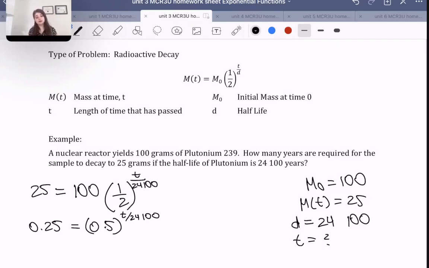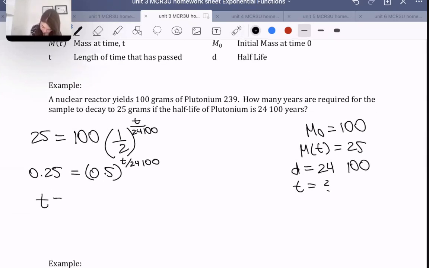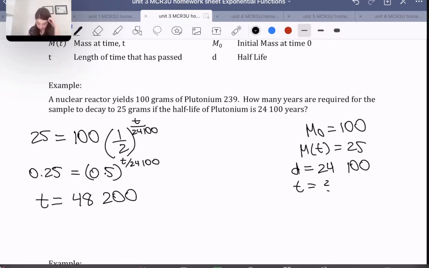We could use logarithms for this, or we could just say, well, I know that 0.5 to the power of 2 is going to give us 0.25. So if I can just get this exponent to be 2, then we're good. So we could even just say t is equal to 48,200, because if we divide that by 24,100, we'll get 2, and 0.5 squared is 0.25. So this one we don't even necessarily have to use that fancy method of logarithms, because it's very obvious here what the answer is just by looking at it.